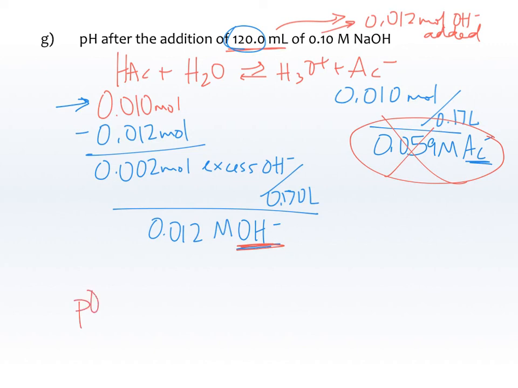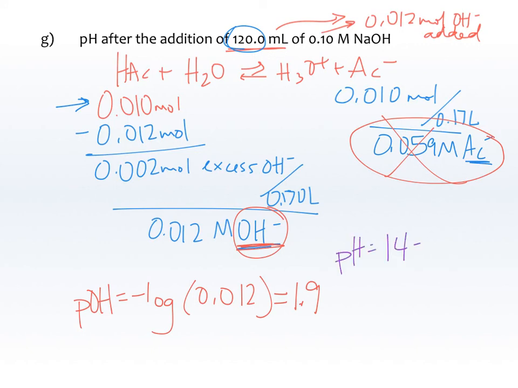So the pOH is the negative log of the OH minus, ignoring completely the Ac minus because the Ac minus will ionize so little that it won't give me a number that means anything. And I end up with 1.9. That's the pOH because I have excess OH. So to find the pH, that's 14 minus 1.9, which is 12.1.